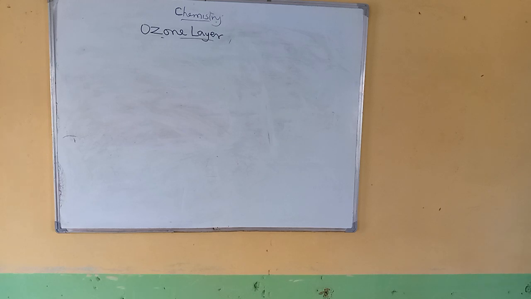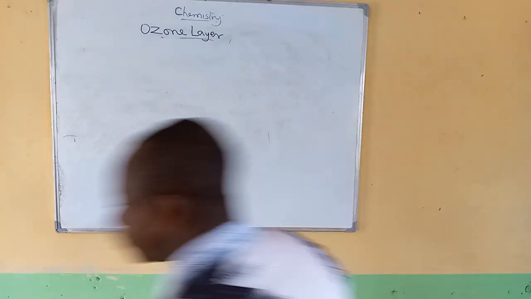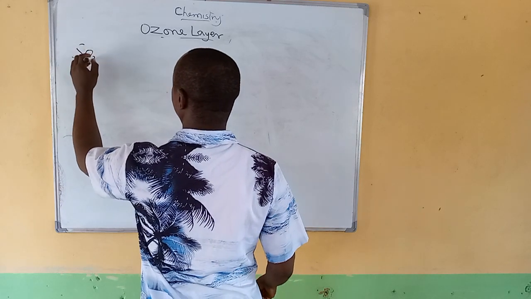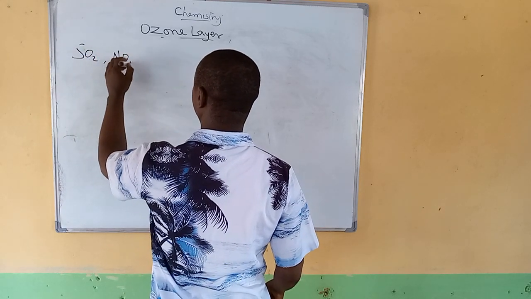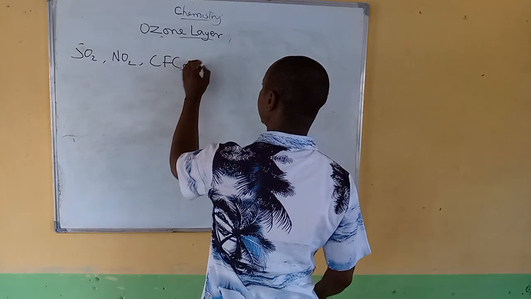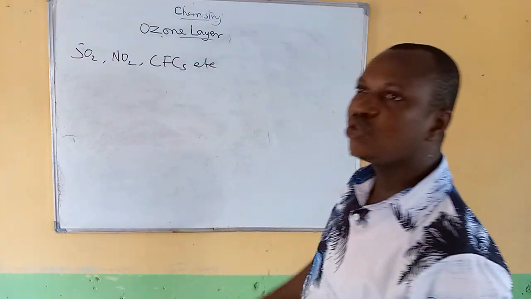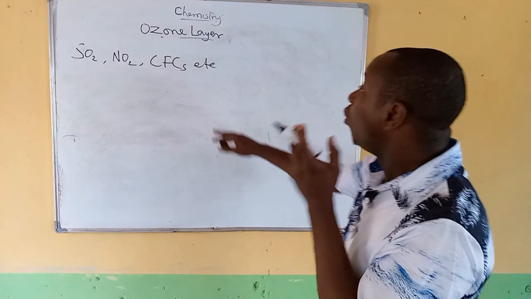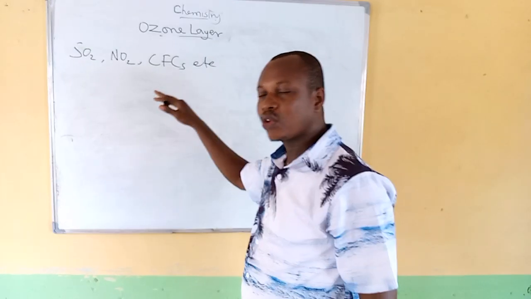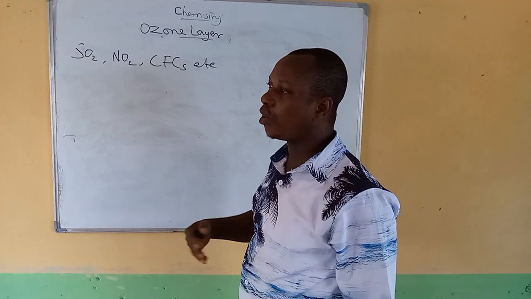Human activities lead to the production of some harmful chemicals, such as oxides of carbon, carbon(IV) oxide, nitrogen(IV) oxide, chlorofluorocarbons, etc. So human activities lead to the production of all these chemicals, which will attack the ozone layer, causing it to have holes. That is what we call depletion.